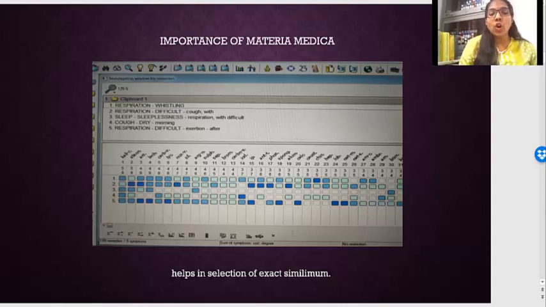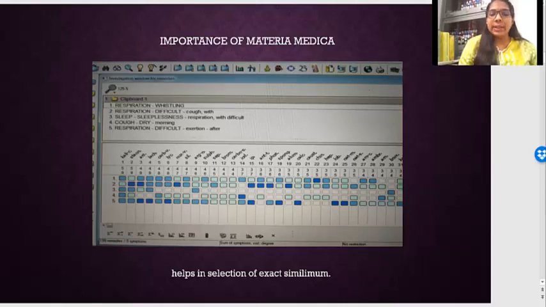And almost all of these remedies have a respiratory sphere. So how are we going to reach the exact simillimum? Then comes the importance of repertory and materia medica, right? So materia medica helps in the selection of the exact simillimum.